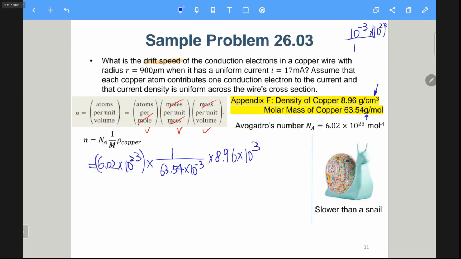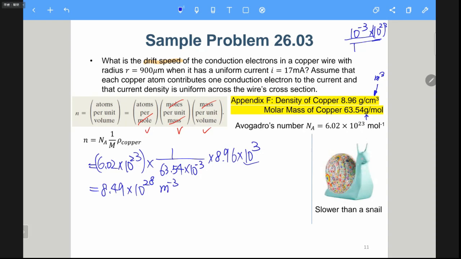In order to make it a meter cubed, we need to multiply by 10 squared and then take the cube of it. So overall, it is 10 cubed. Okay, so we will get this value to be 8.49 times 10 to the 28th power per meter cubed.